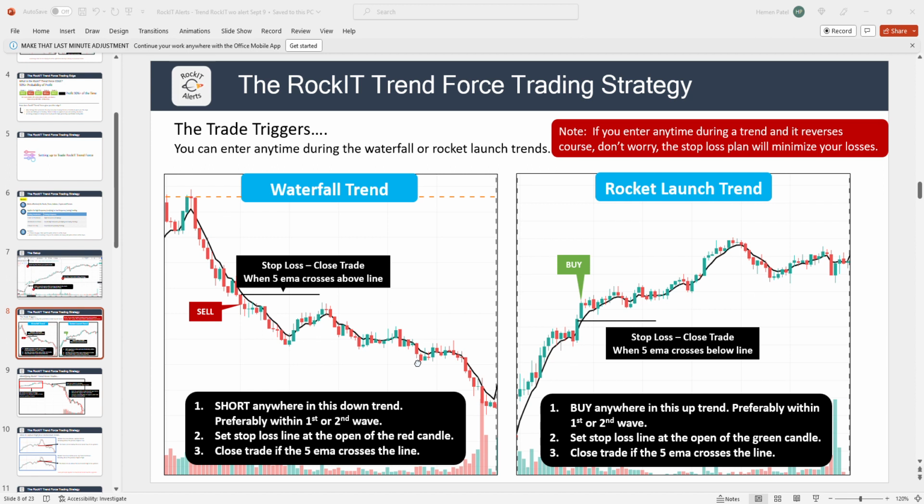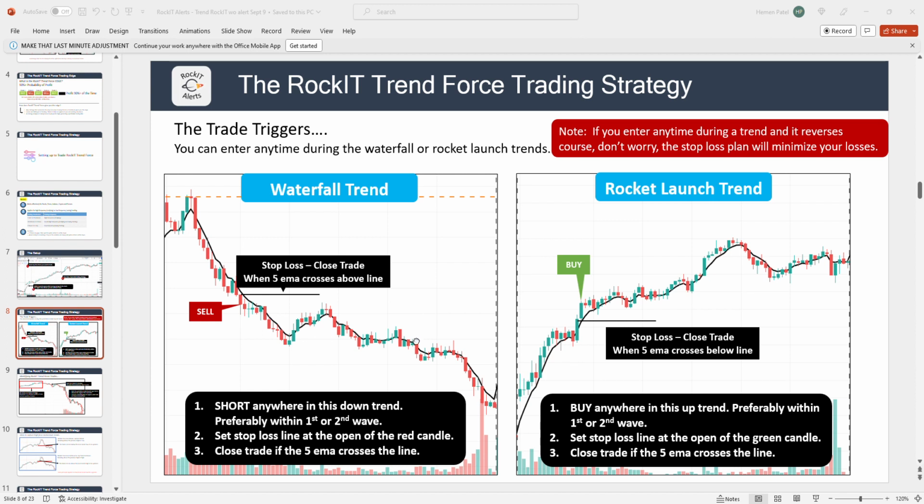So here we would buy at the top of this green candle in this uptrend, and here we would place our stop loss. So as soon as this 5 EMA crosses back below, we would get out or else just ride the trend.